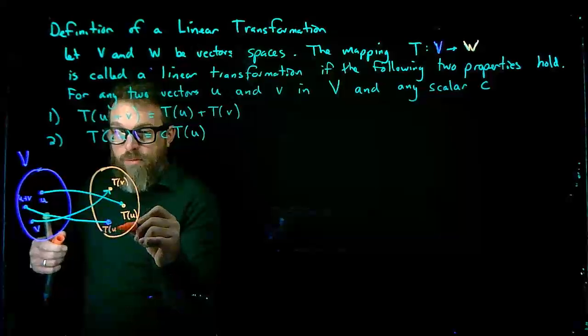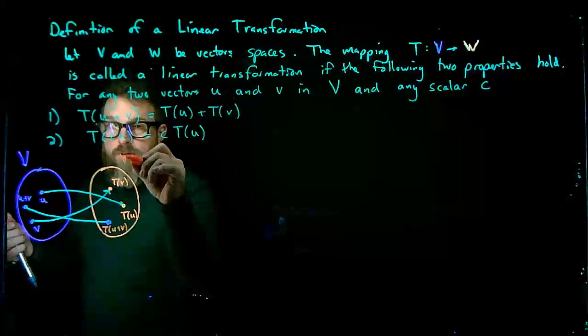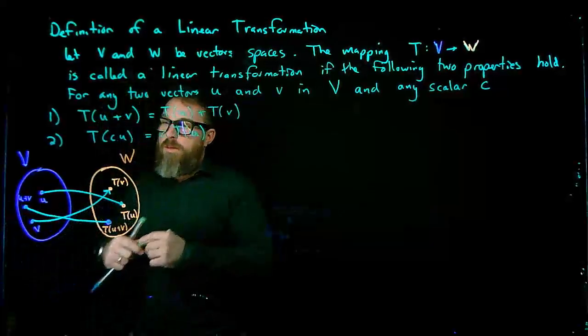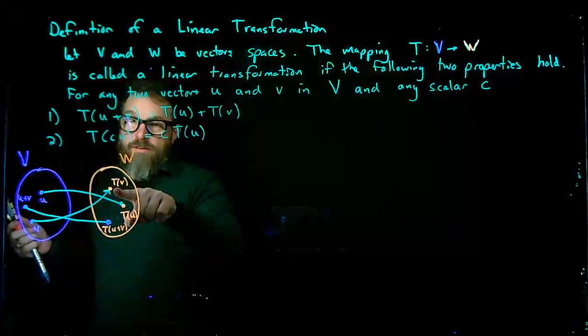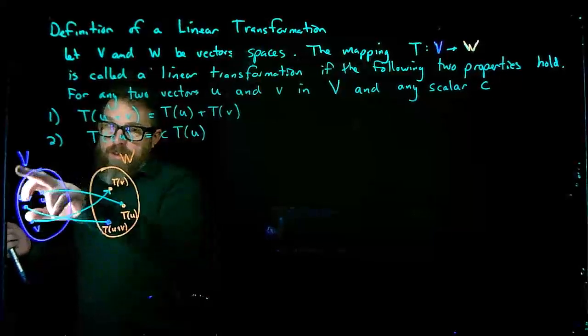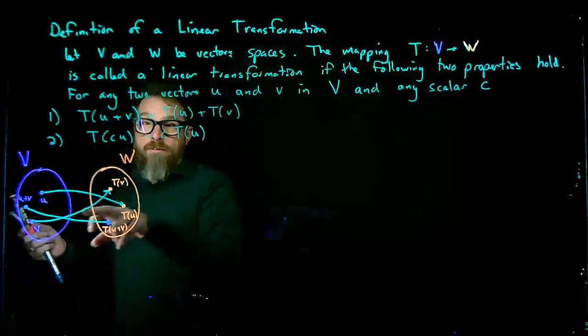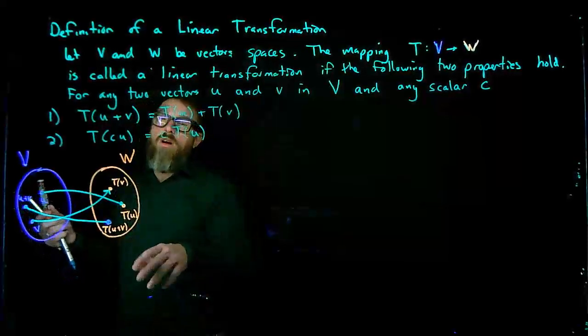So t of u plus v is going to be a vector in vector space w. So u maps to t of u, and v maps to t of v, and these three vectors are also vectors in w.